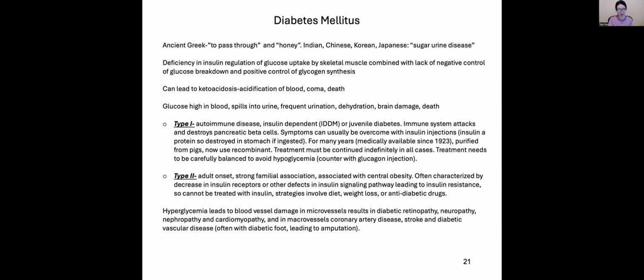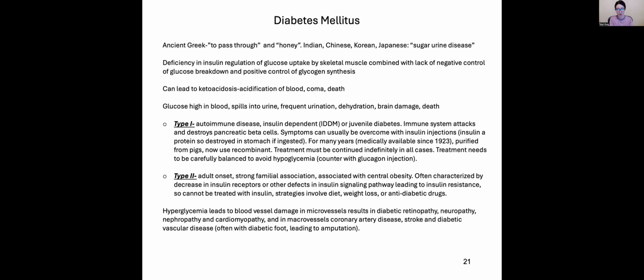And hyperglycemia is quite damaging to blood vessels. And maybe you have heard some people develop diabetes complications, including retinopathy, neuropathy, nephropathy, and cardiomyopathy.